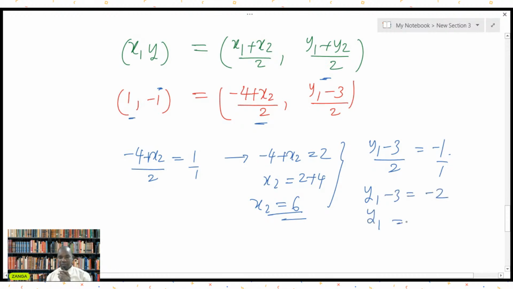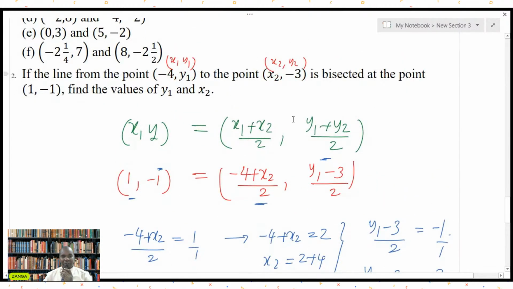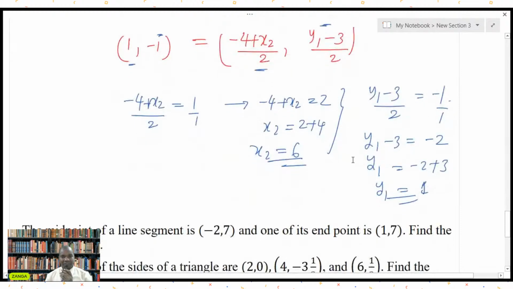So y1 will be negative 2 plus 3. y1 will be equal to positive 1. So you are supposed to find the value of y1 and x2. And here they are: y1 equals 1 and x2 equals 6, dear students.